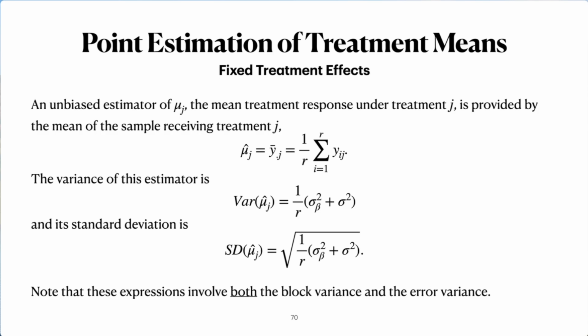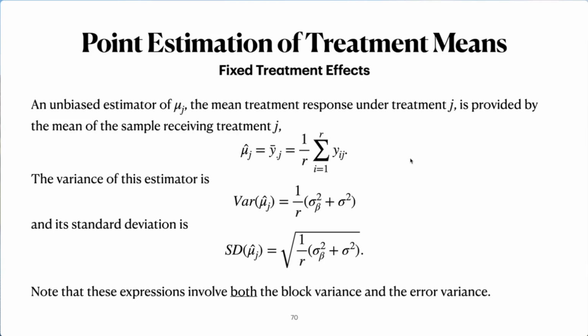This is an average across all of the blocks. We take every experimental unit in each of the blocks that has received treatment j, measure the response on those units, and average those responses. Because this is an unbiased estimator of mu sub j, we will denote it by mu hat sub j. This is our point estimate for mu sub j.